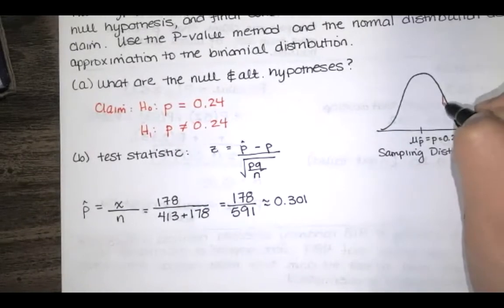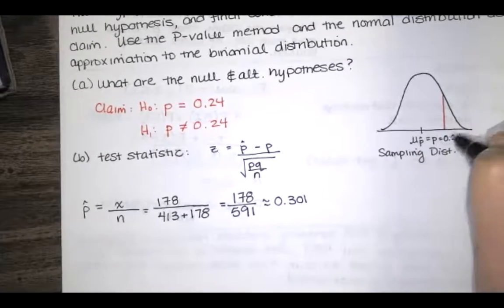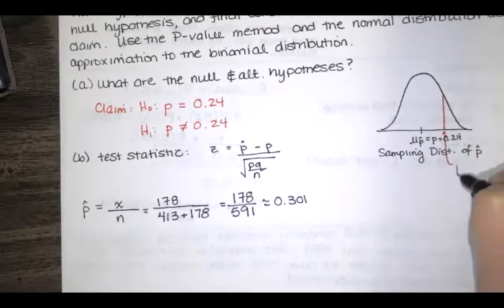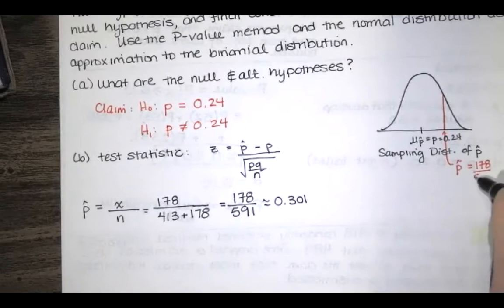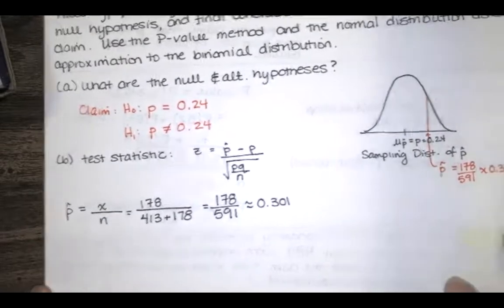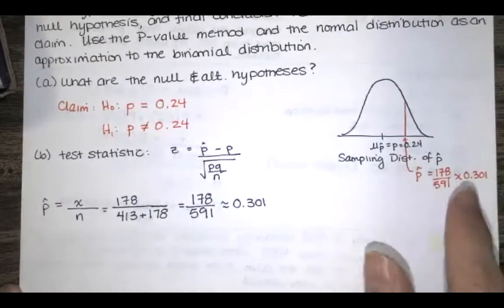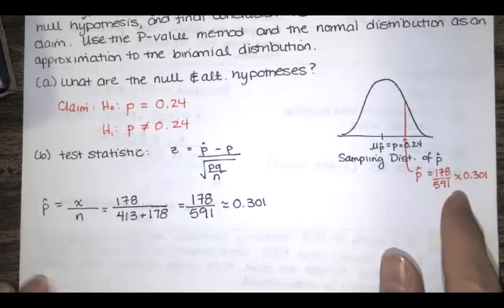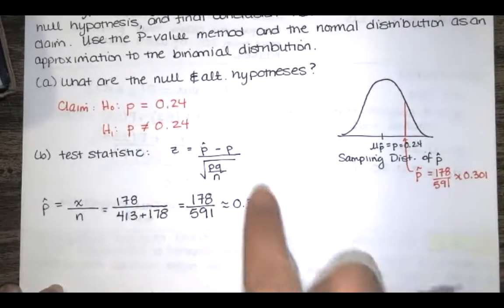So p hat is somewhere over here. So that's 178 over the sample size 591, and that is approximately equal to 0.301. In order to figure out whether that is significantly high or significantly low, we compute this test statistic.